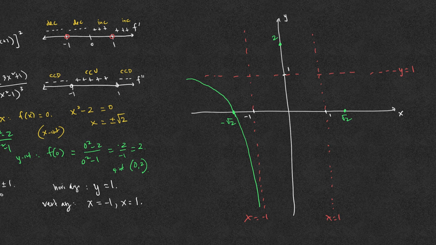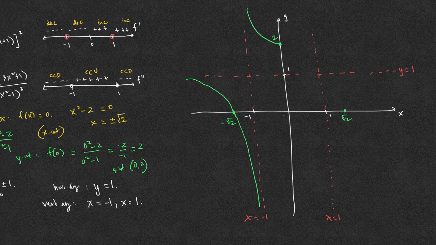This is decreasing and concave down. From negative 1 to 0, the function is decreasing and concave up. We need to hit the y-intercept, and so we start close to the vertical asymptote, decreasing and concave up.